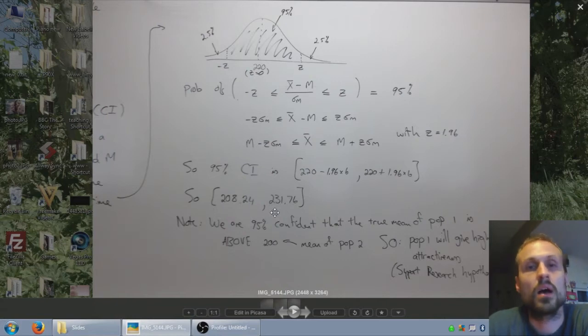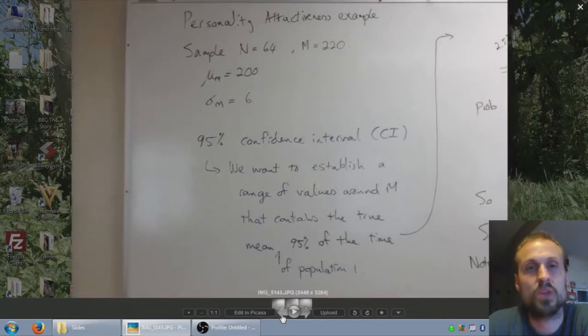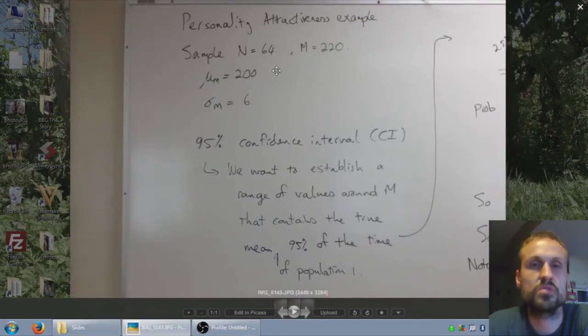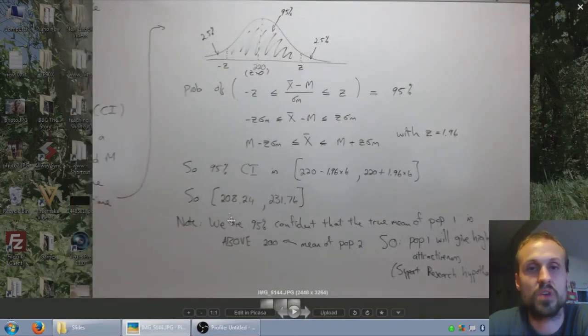Now how this is essentially working parallel to hypothesis testing, coming to the same conclusion, is that when I look at this, what is hypothesis testing trying to do? It's trying to see if my sample gives me strong enough evidence to suggest that the population 1 mean is above the 200. Now this confidence interval says that at a 95% confidence or significance level, the population 1 mean is in here.